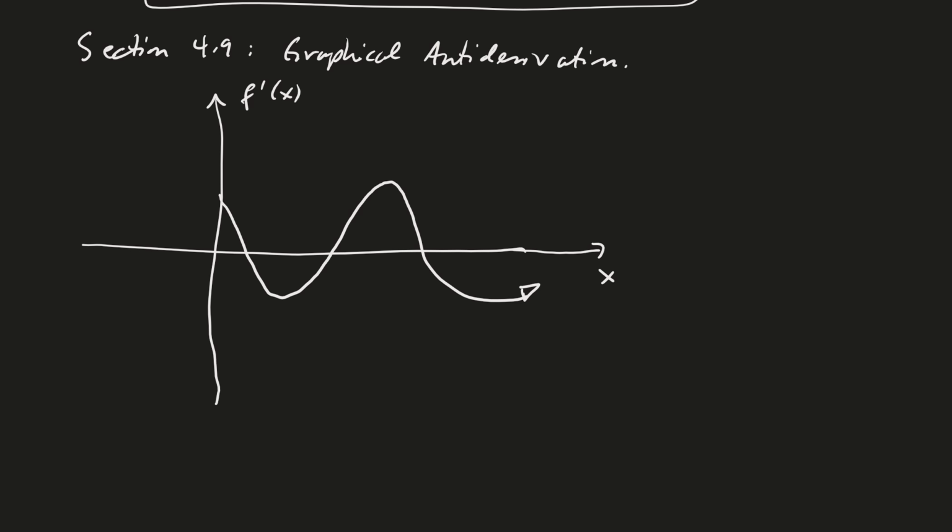And so if we think about it, probably the easiest place to start is where the derivative is equal to 0. So at these three places, the derivative is equal to 0. And so that means that locally, the graph of f of x is going to be a little flat line, right? The problem is, like we saw in the algebraic antiderivative, that we don't know what the plus c is going to be.